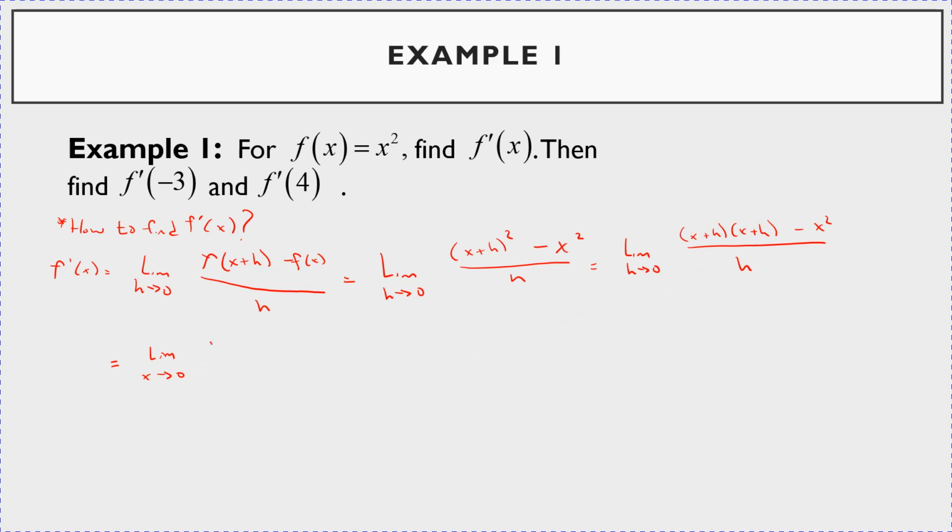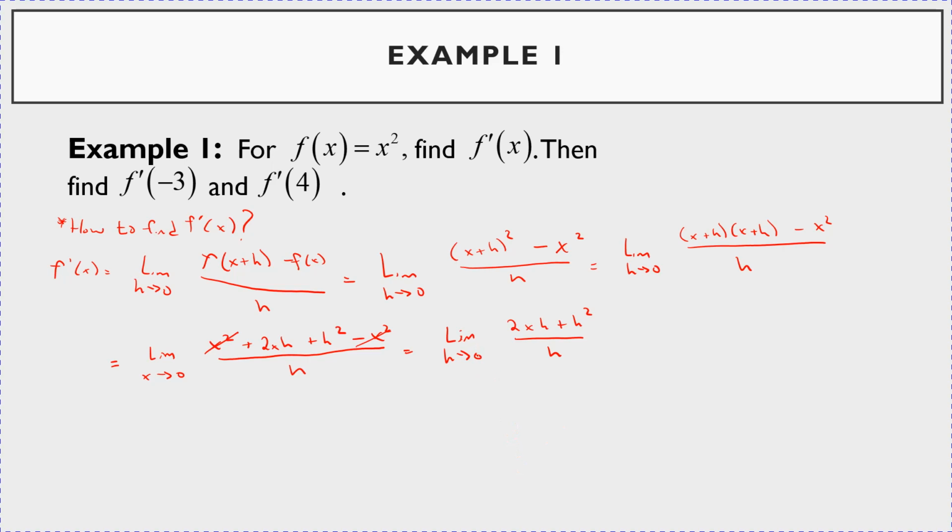This is x squared, x times h is xh, h times x is xh, so that gets me plus 2xh, plus h times h gets me h squared. And then don't forget this minus x squared over here, all over h. Well, look what happens. x squared minus x squared, those are going to cancel out. And you're left with the limit as h goes to 0 of 2xh plus h squared over h.